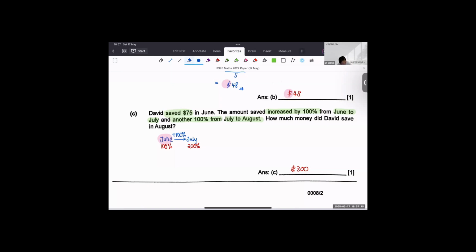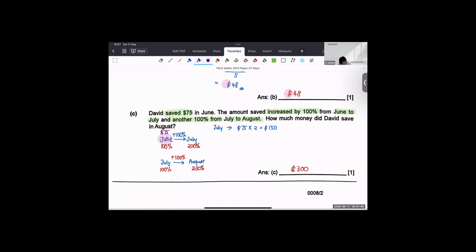Now, for June, we already know that is $75. So plus another 100%, it will be 200%. So in July, it will be $75 times 2, which is $150. Now, from July to August, you see that July is 100% again, then August will be 200% because we add another 100%.